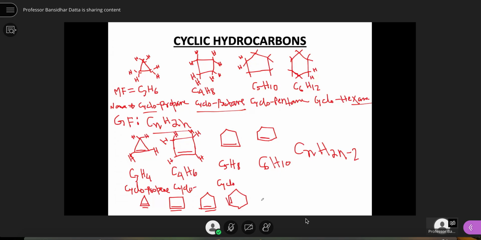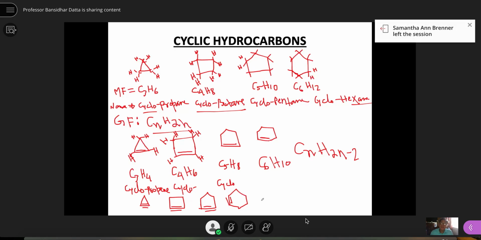But remember, the linear ones have CnH2n, and for the cyclic it is CnH2n minus 2, because they are cyclic. The next one. Tell me the molecular formula.